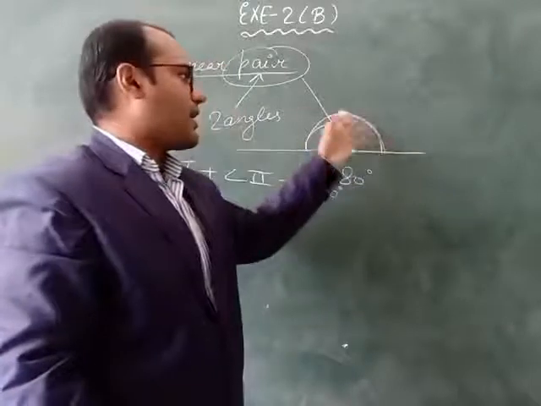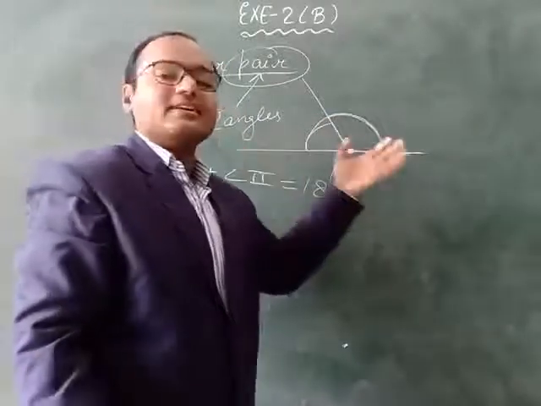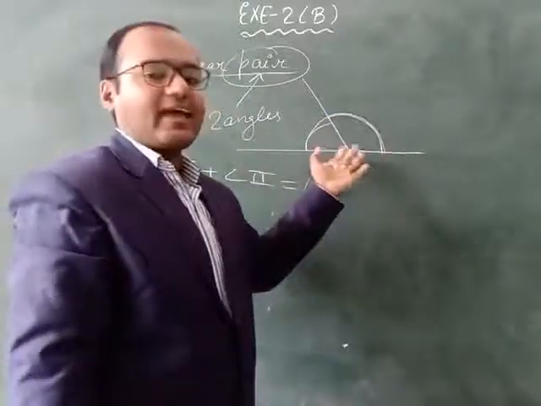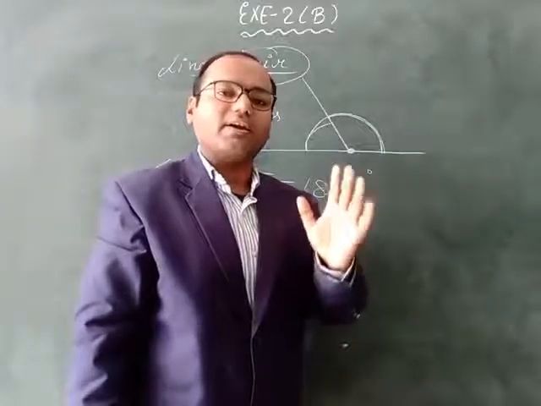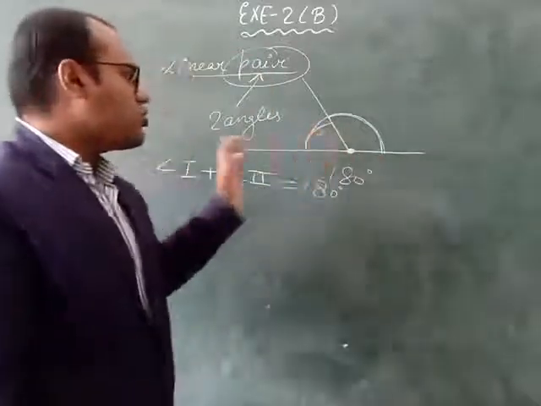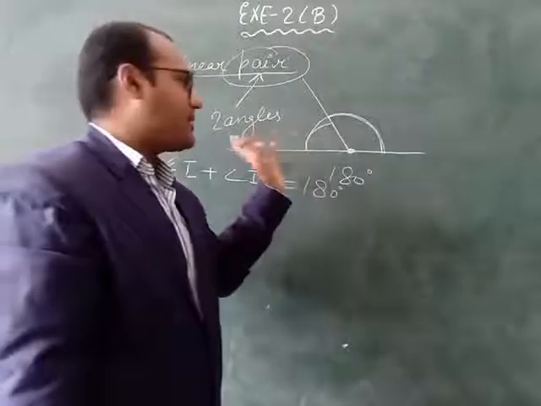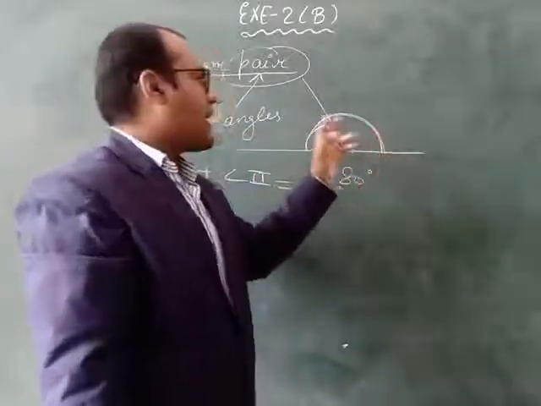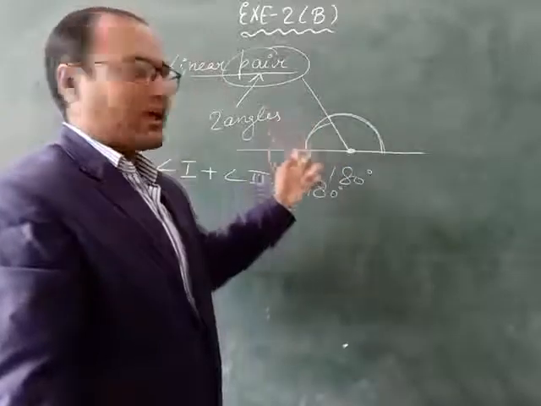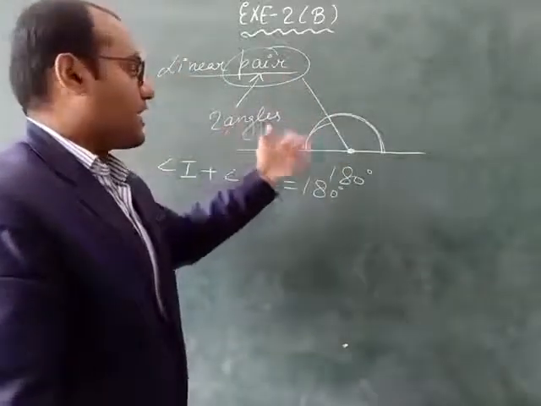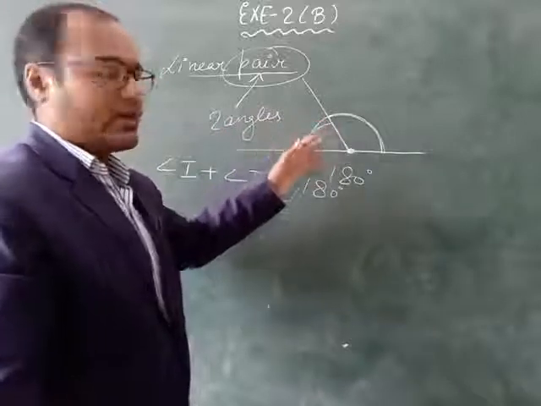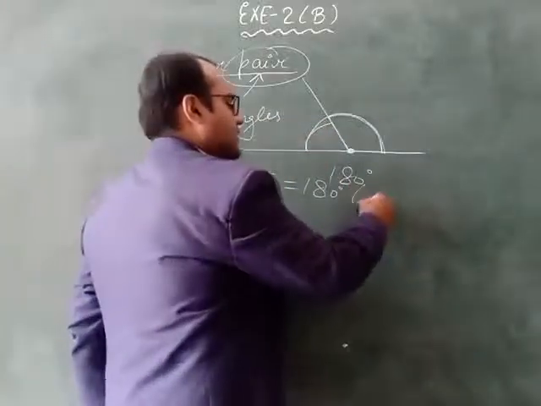Because these two angles are coming on a straight line. So a straight angle value we have to take as 180. So such angles whose sum is 180, and they are coming on a straight line, and they are two angles. Two means pair. So such angles whose sum is 180 we will call a linear pair.